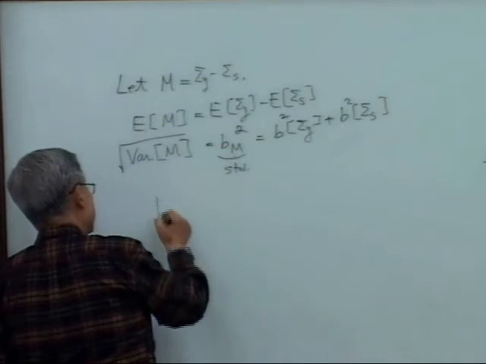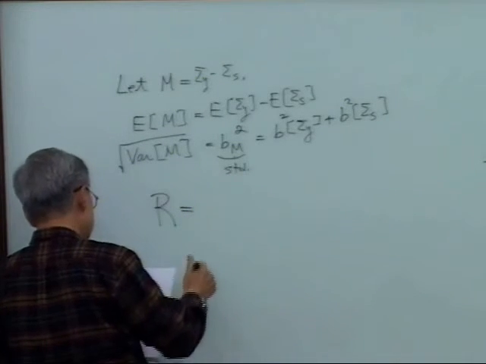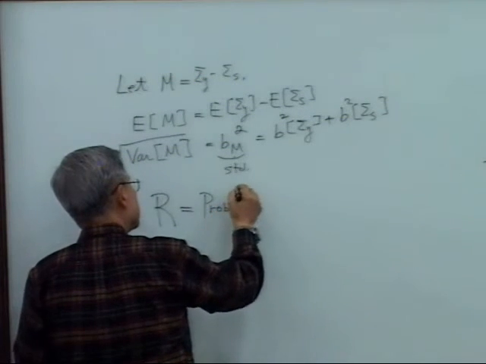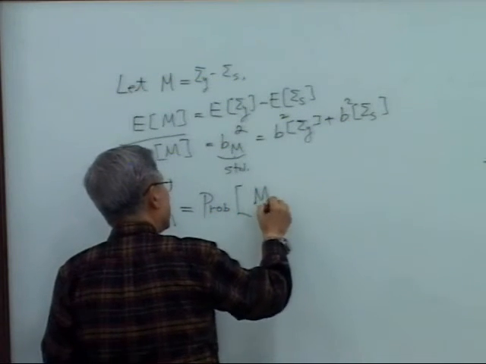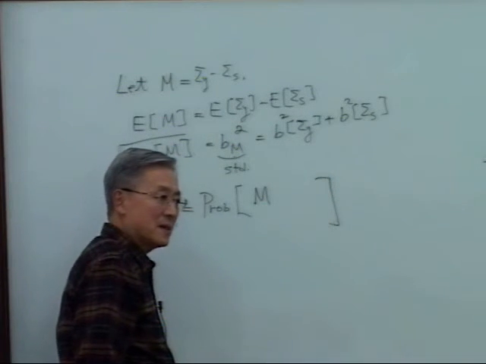And now, reliability, you can cast the expression as a probability such that M has an inequality sign.